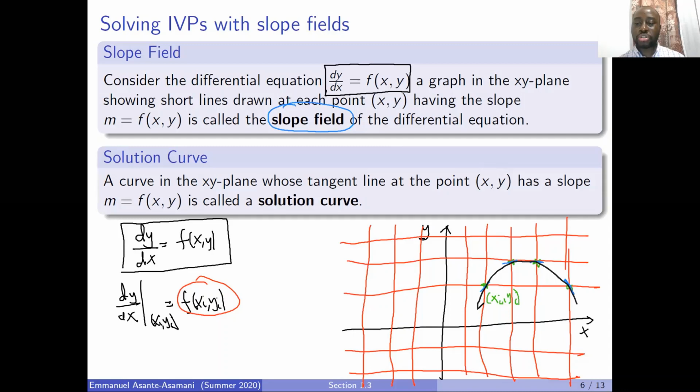And you can continue to trace out this point, and connect all the dots. And as you do that, you are tracing out what is called the solution curve. And so this solution curve will be for some particular solution.